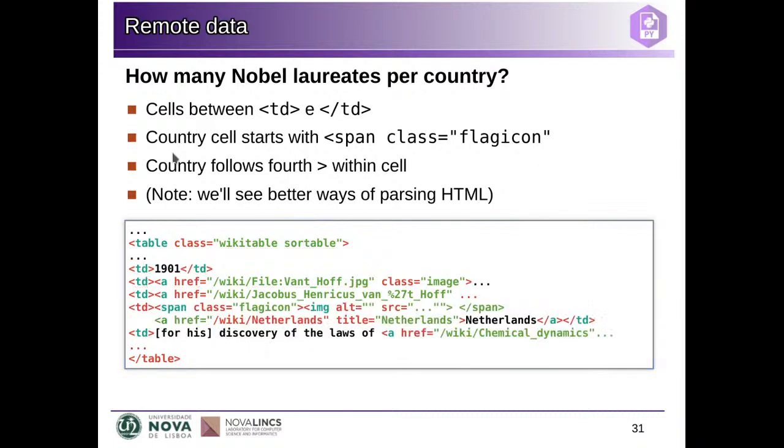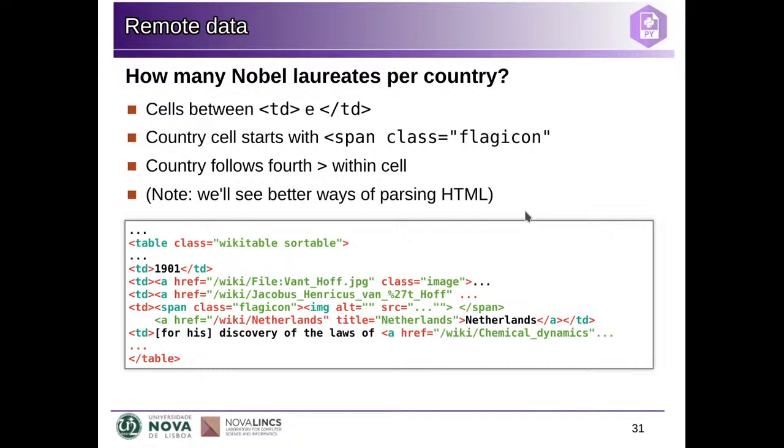So we're going to find the cells that start with this text, span class flag icon. And then we're going to break this down by all these tags until we find the name of the country. So basically, if we cut this part of the text using these greater-than marks, we find, after 4 of these, on the 5th block, the name of the country.